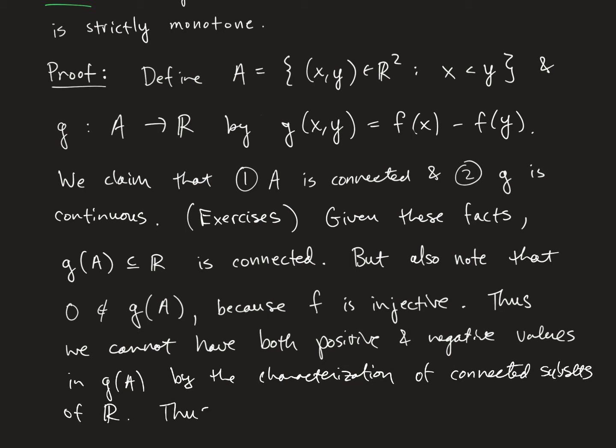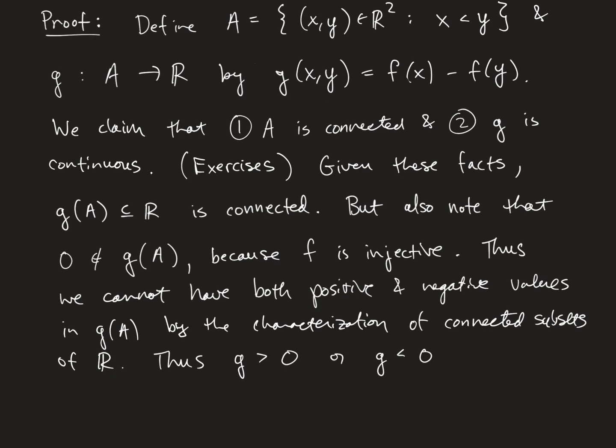So thus, G is greater than 0 or G is less than 0, i.e. x less than y implies, so if G is greater than 0, that says that f of x is bigger than f of y, so that's f of x bigger than f of y, and f is strictly decreasing.